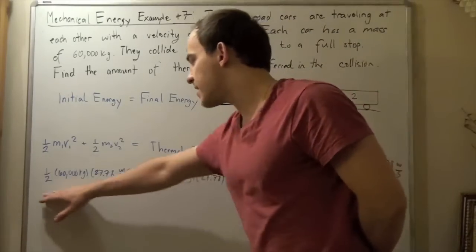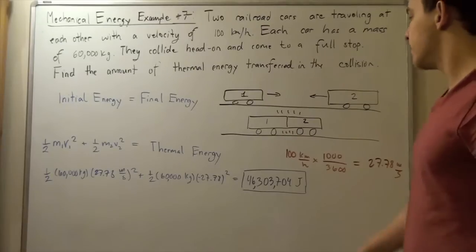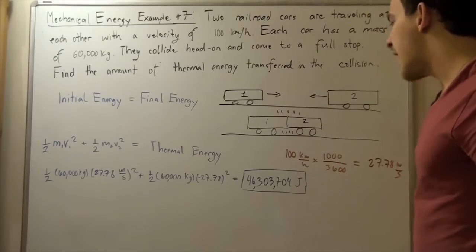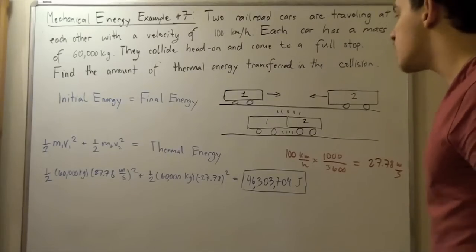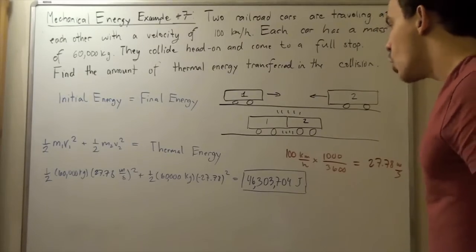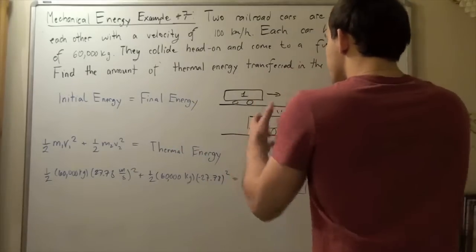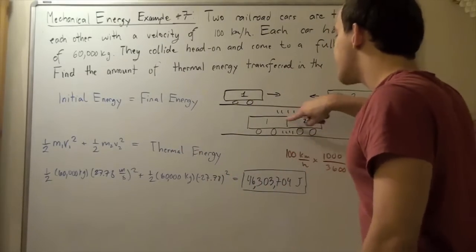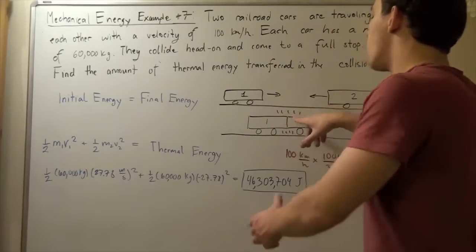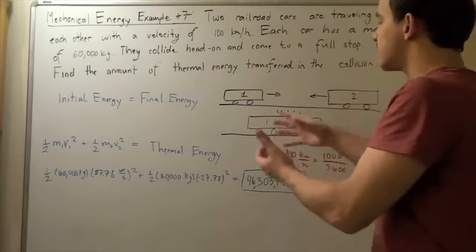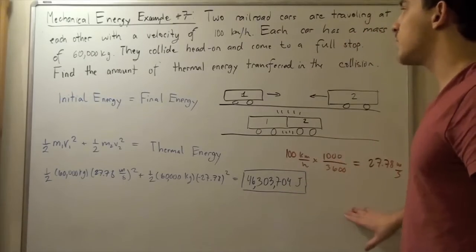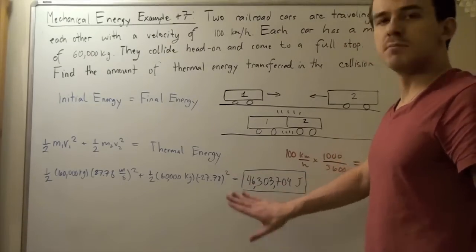So we simply add these up and we get the following value: 46,303,704 joules of energy is transferred when our collision occurs. And this energy is transferred into increasing the temperature of our objects as well as the temperature of our surrounding system, our surrounding air. So this is the amount of energy that was transferred in the form of thermal energy.